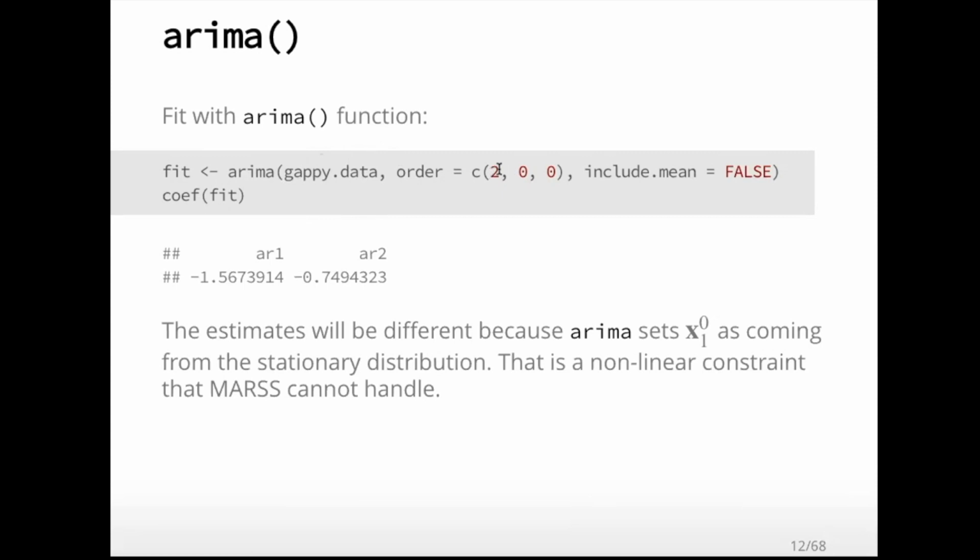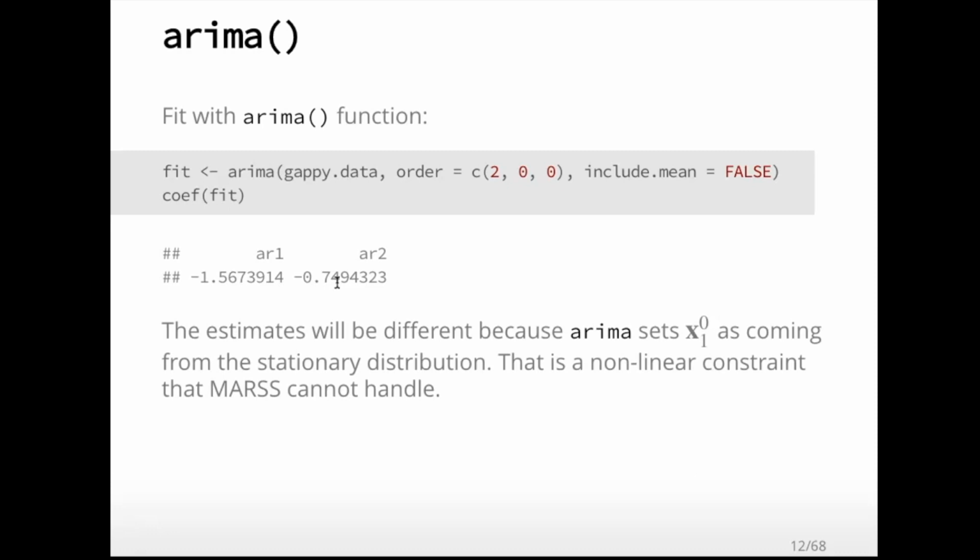You pass in order 2, and then we didn't difference our data, and we don't have any MA. We are setting the mean to 0, and you can see it comes up with the estimates just fine. And this would be much faster.